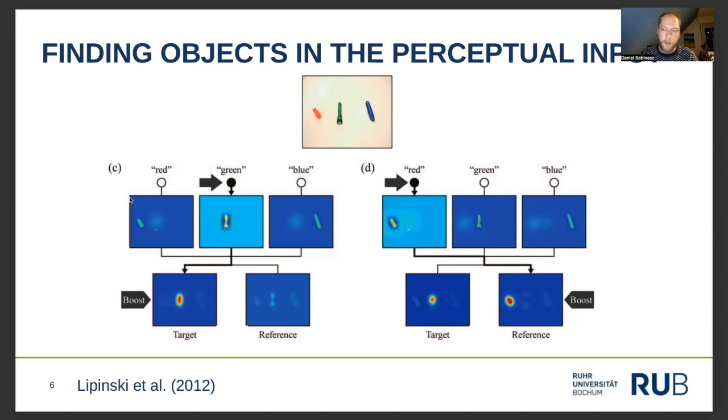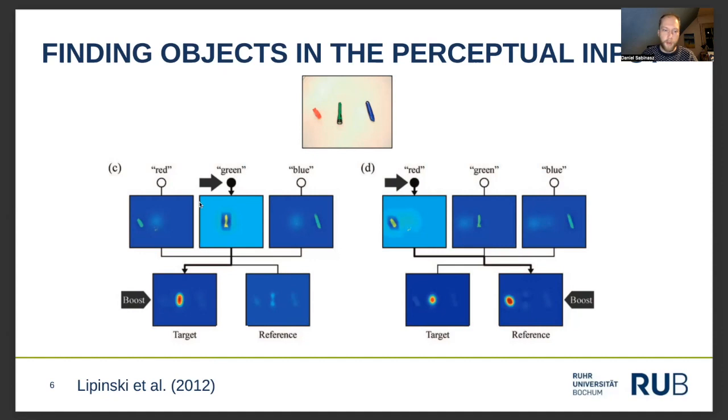In the red region of the field, we have the spatial map that gives us the location of the red objects. In the green region, we have the spatial map that gives us the location of the green objects, and the same for the blue object. And this enables visual search by providing a boost input to the respective slice or region, and thereby causing the formation of a peak at the spatial locations of objects with that color.